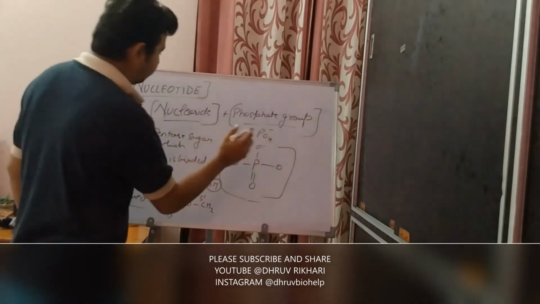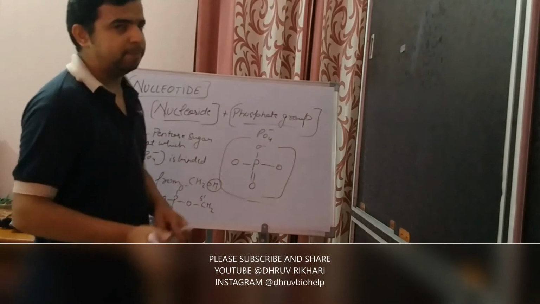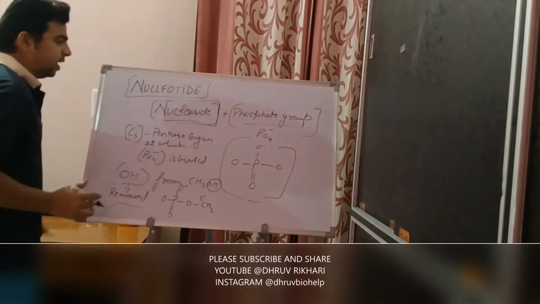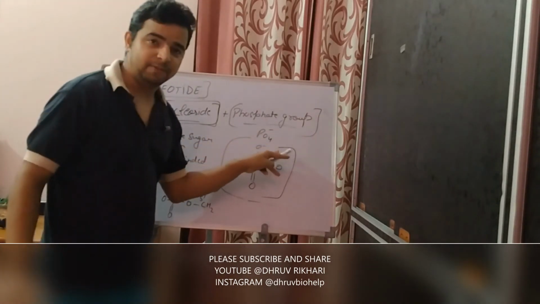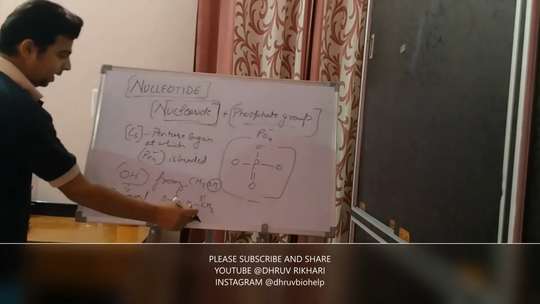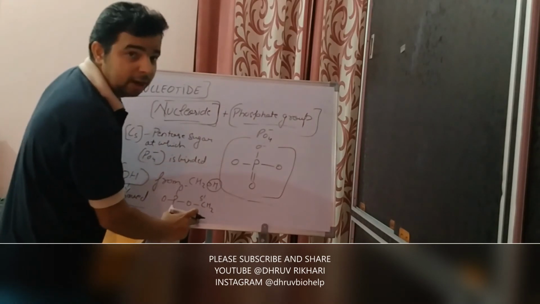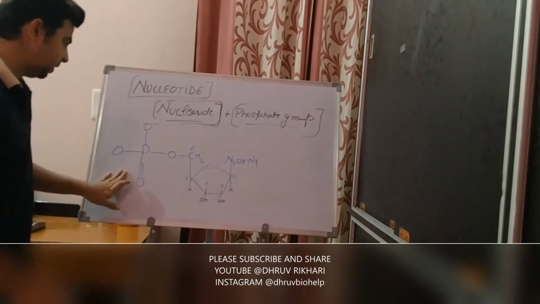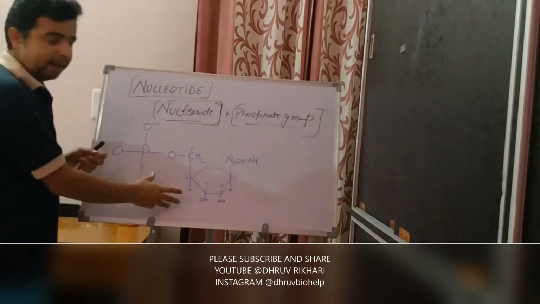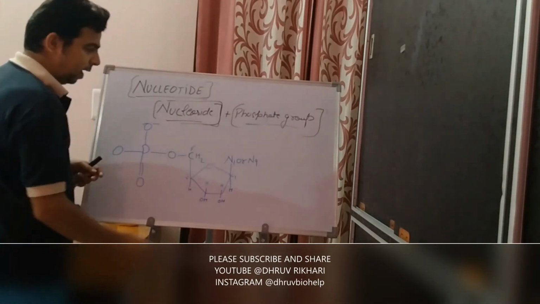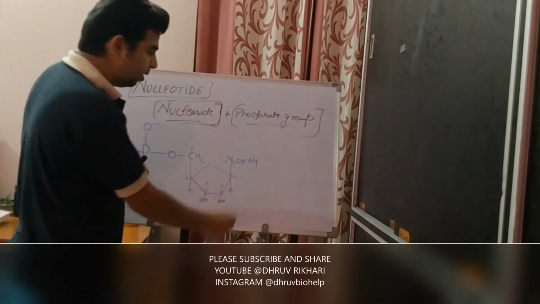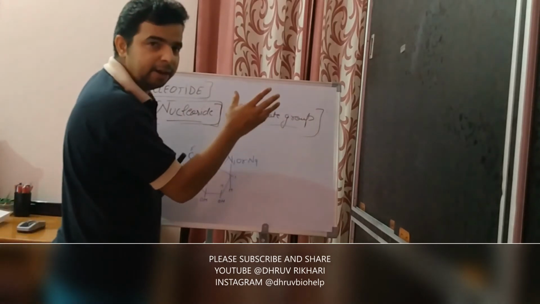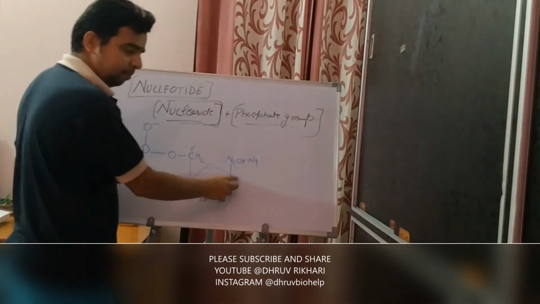Rest the structure with pentose sugar and nitrogenous bases are same because we had named them nucleoside. The new thing which is added here is the phosphate group. So phosphate group get attached at the 5th position of carbon. So this is how the structure of nucleotide appears. So we can see here that the phosphate group is attached at the 5' position, and rest the structure is same. For N1 it will be pyrimidine, for N9 it will be purine at carbon 1 position.